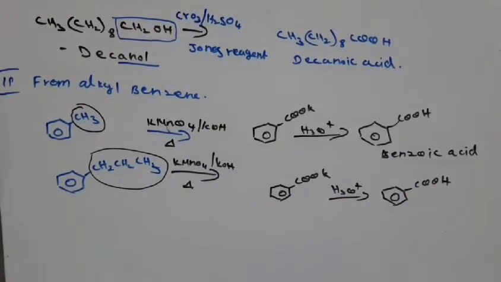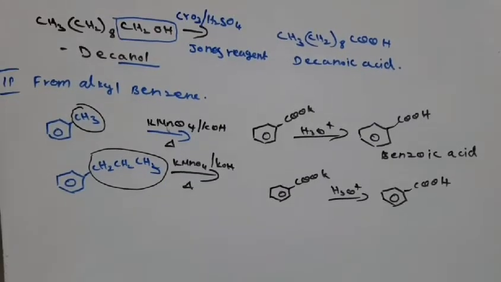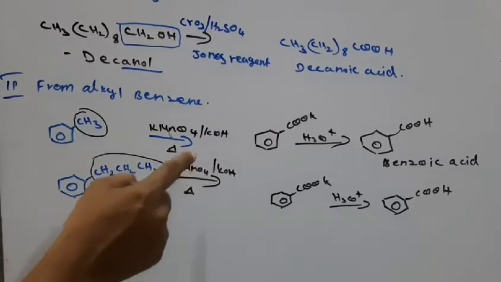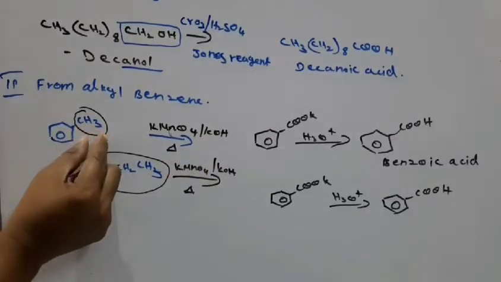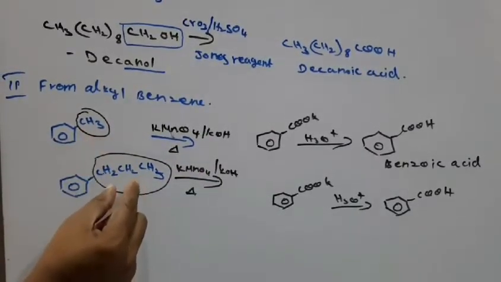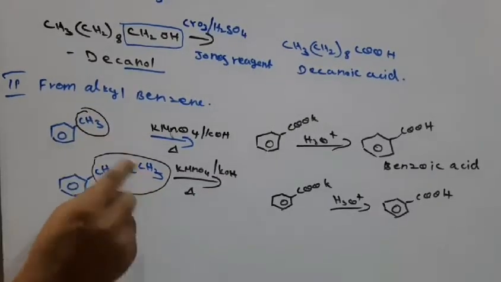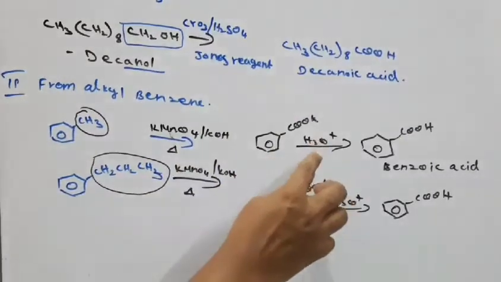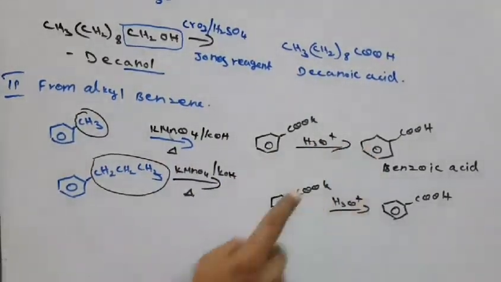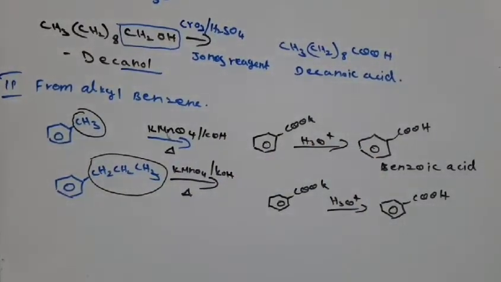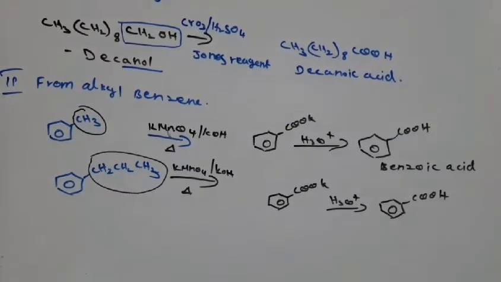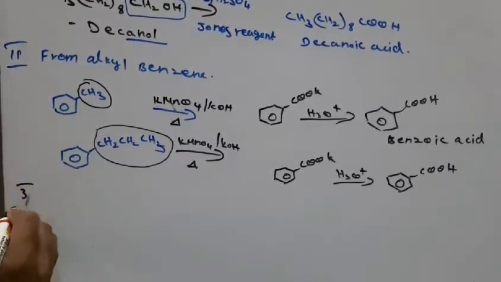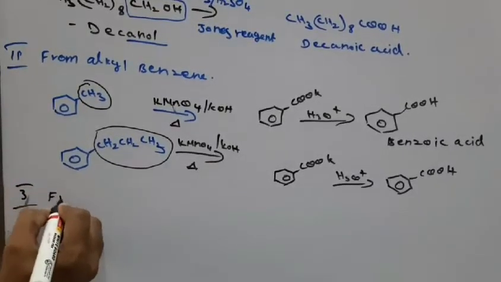Next, for an alkyl benzene with a strong oxidizing agent in alkaline medium, the alkyl group, maybe short or long, no problem, first produces the salt, then hydrolysis takes place and it produces the aromatic acid. Okay, so the third method is from nitriles.